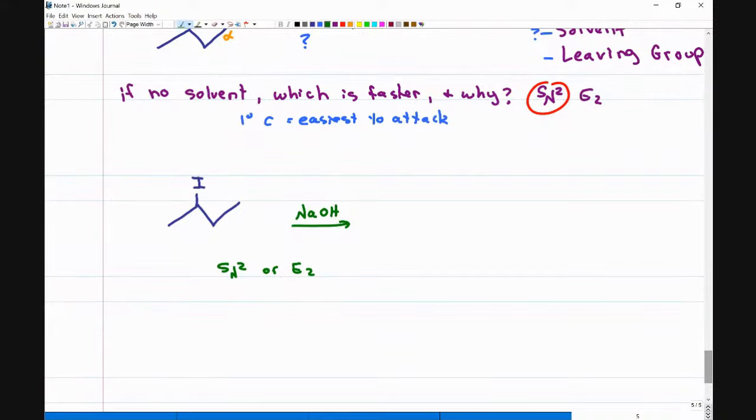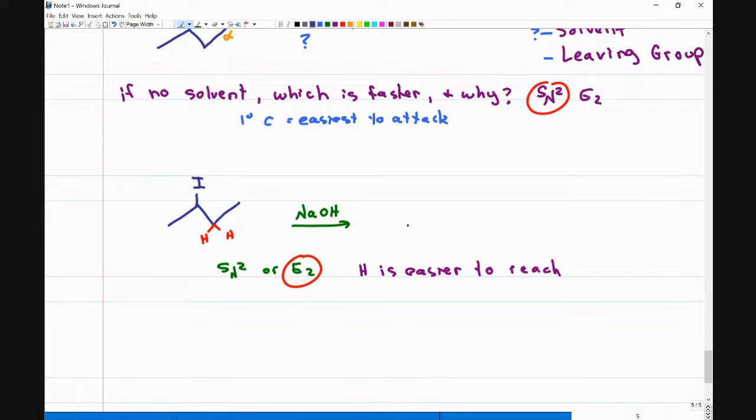Is it going to be easier to do an E2 reaction or an SN2 reaction if the leaving group is on a secondary carbon? In this case, it will be an E2 reaction because the hydrogen is easier to reach. If it's internal, there's less steric hindrance. There's less blocking if we need to pluck off a hydrogen off of the beta carbon rather than a nucleophile having to come in and attack at the alpha carbon.